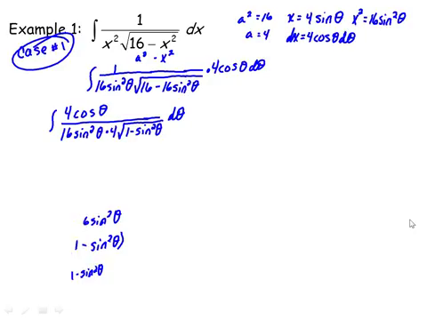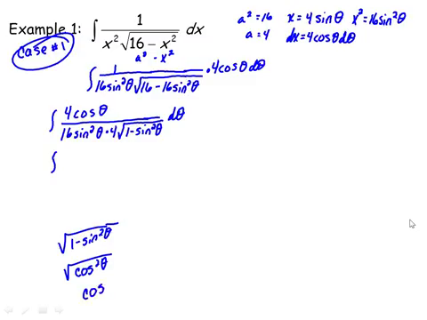Now, I need to make an identity substitution. What is 1 minus sine squared theta? Okay, so if I have 1 minus sine squared theta, that's the same as cosine squared theta. But what is the square root of cosine squared theta? Cosine theta. So now I have 4 cosine theta over 16 sine squared theta times 4 cosine theta d theta.